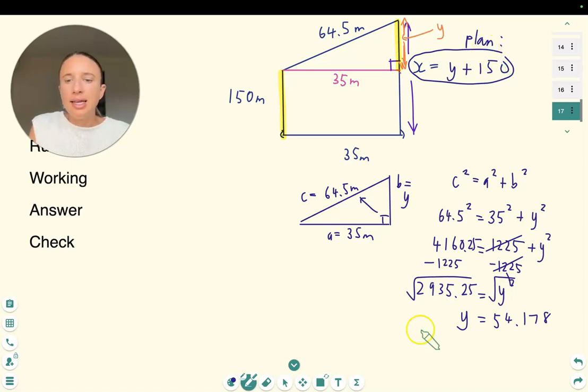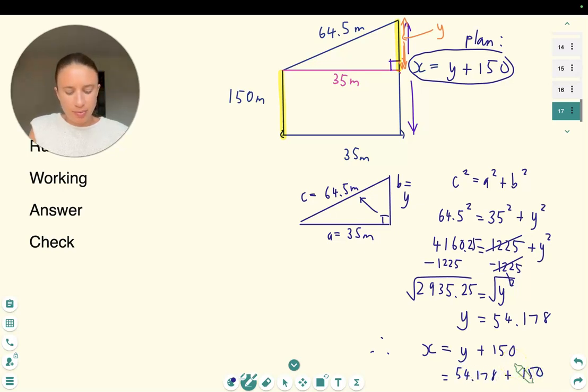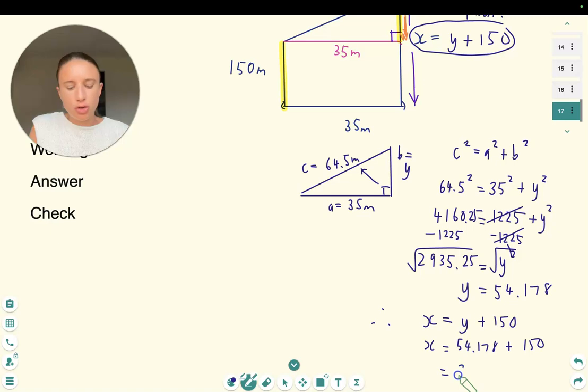And then, therefore, x equals y plus 150 equals 54.178 plus 150. And in my calculator, the height of the building should be 204.